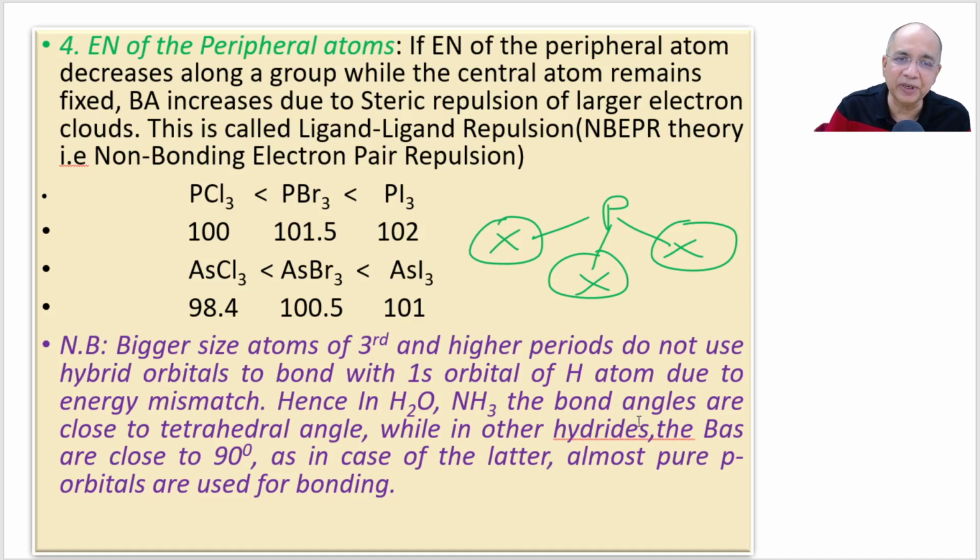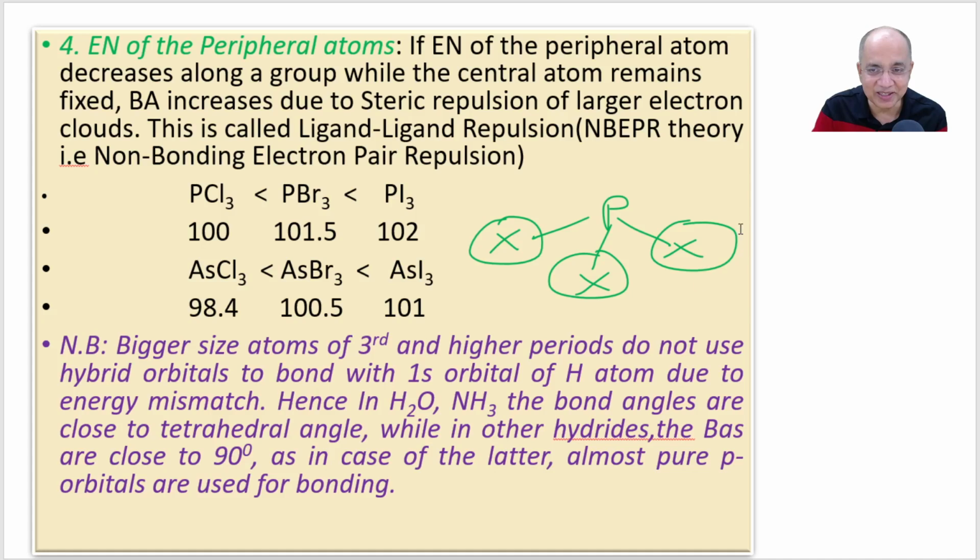An sp3 hybrid would have given an angle in the vicinity of 109, but we are saying it will be 90 degrees because it uses pure p orbitals. But the angle is much greater than 90 because of a theory called NBEPR theory. Just like VSEPR, we have another theory called NBEPR: non-bonding electron pair repulsion.